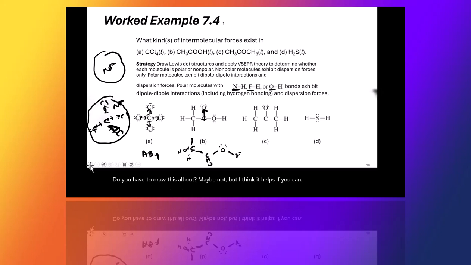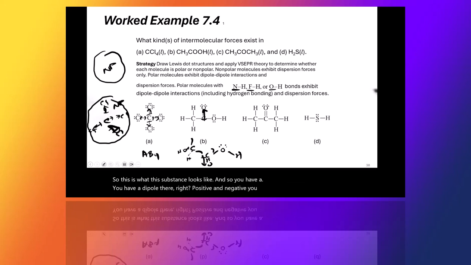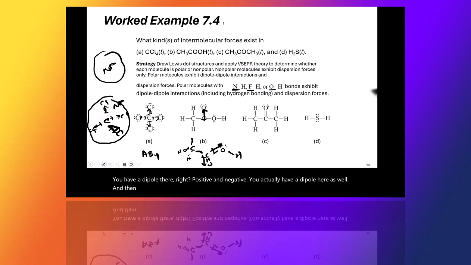So this is what this substance looks like. And so you have a dipole there, right? Positive and negative. You actually have a dipole here as well. And then here you go, oh yeah, that's a dipole. It's going this way. But then you know the hydrogen's bonded to the oxygen.